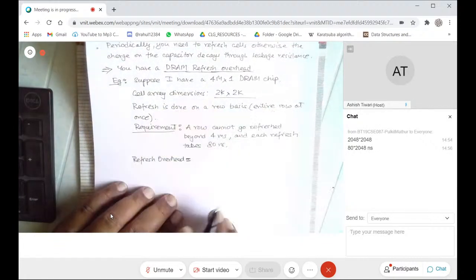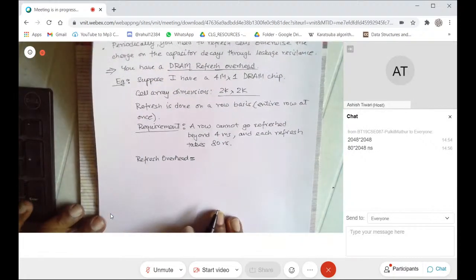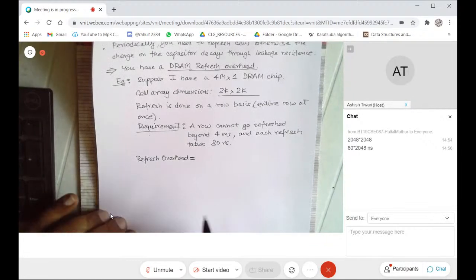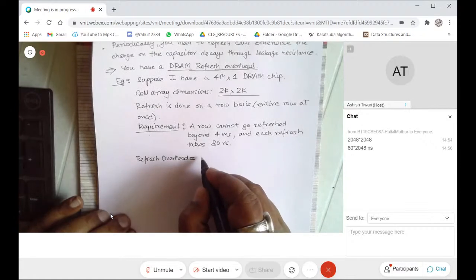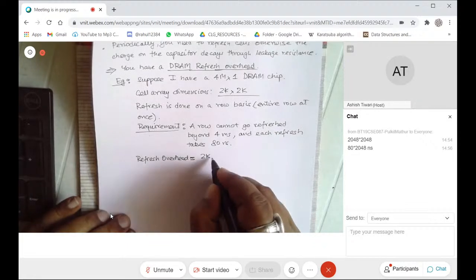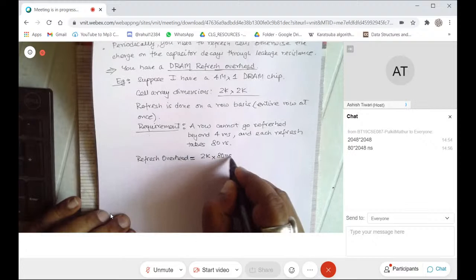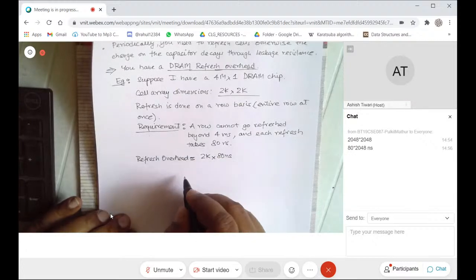Okay. So, can somebody guess? So the refresh overhead would be 2K into 80 nanoseconds. And if I want to express this as a fraction or a percentage, what should I do?